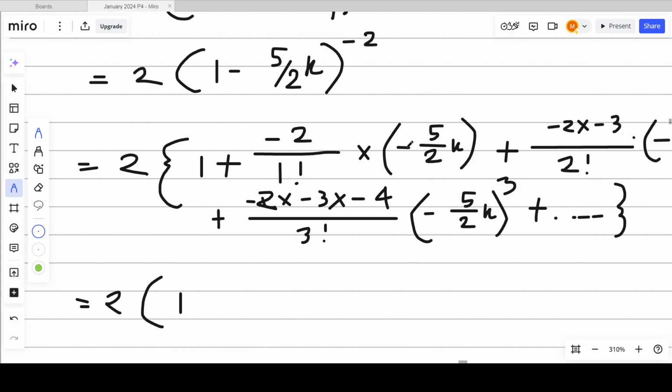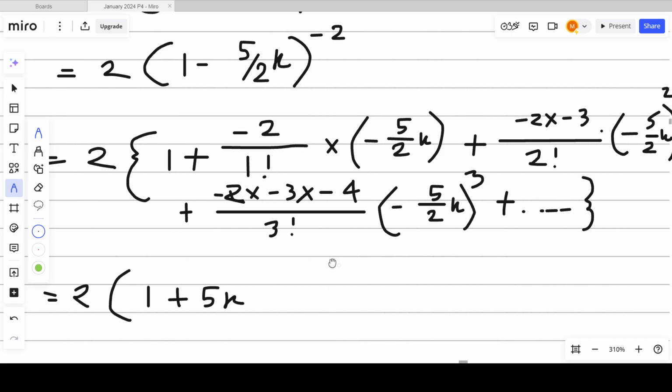So at first multiply out the sign separately. Negative times negative is positive. You can see 2 there, so 2 times 5 over 2 is just 5x. So multiply the sign at first and then multiply the values.